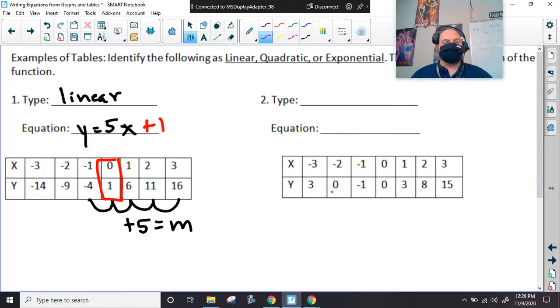All right, now let's look at our y values right here. What do we notice about our y values right here on number 2? Say it again. Yeah, the y values.